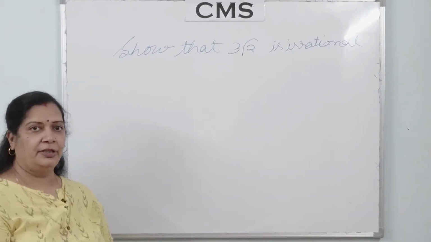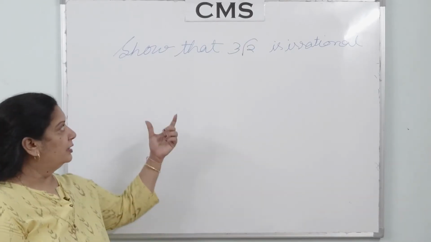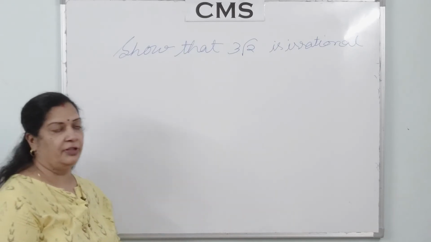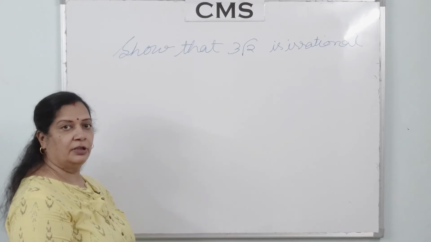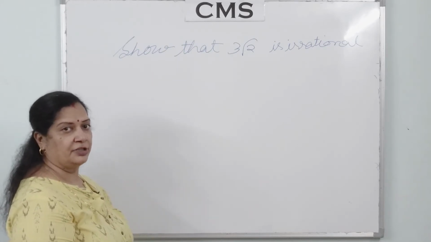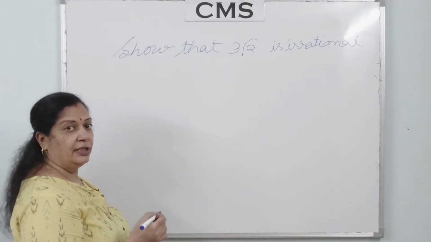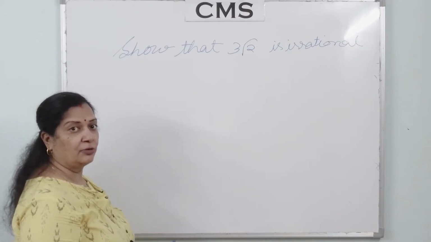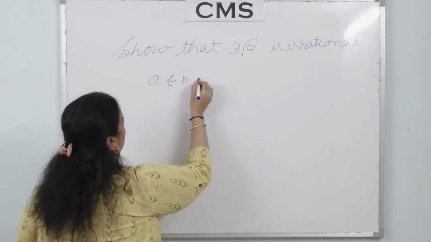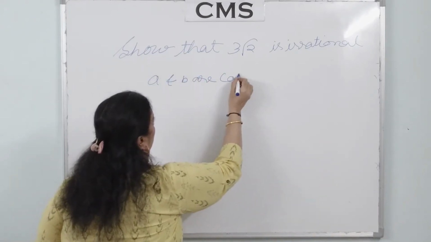Next example is: show that 3 root 2 is an irrational number. Again, let us assume on the contrary that 3 root 2 is a rational number, and a and b are co-prime numbers.